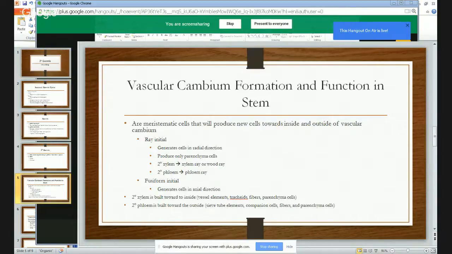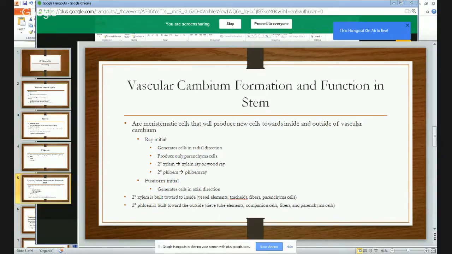Give me a second. You're going to have your companion cells and sieve tube elements and vessel elements. So those things that are longer.